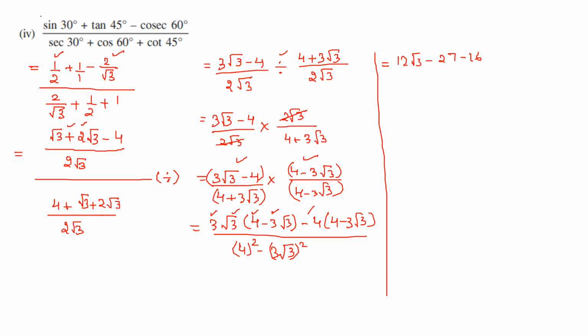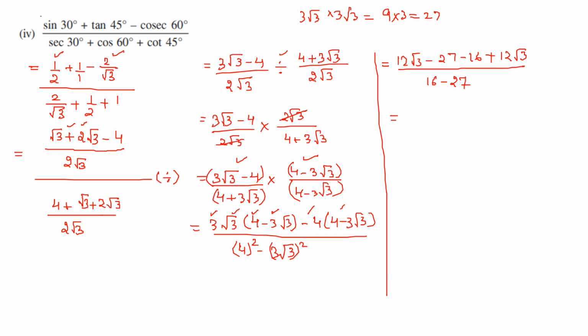So minus and minus will become plus. 4 3s are 12, 12 root 3. Denominator: 4 square is 16 minus 3 root 3 square. So 3 root 3 into 3 root 3, 3 into 3, 9, and root 3 into root 3, 3. So it is 27. So this will give me 16 minus 27.